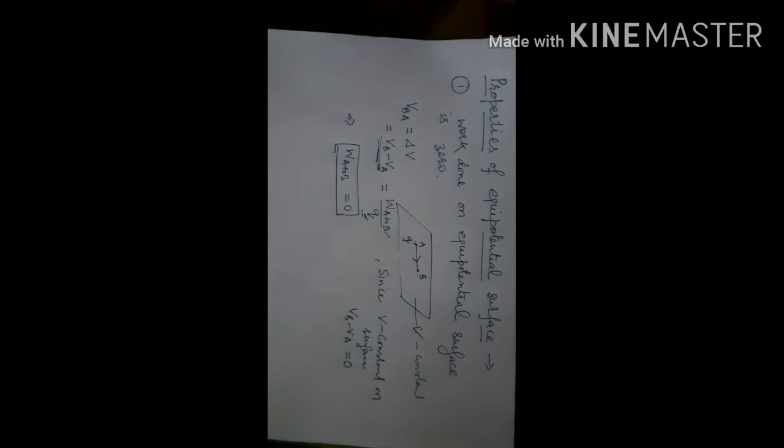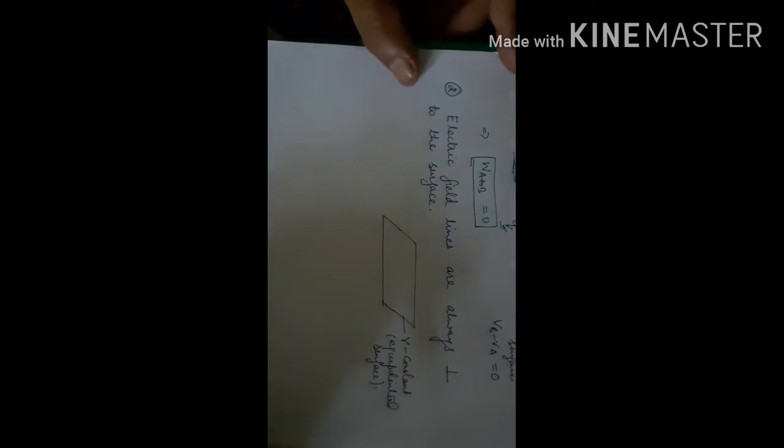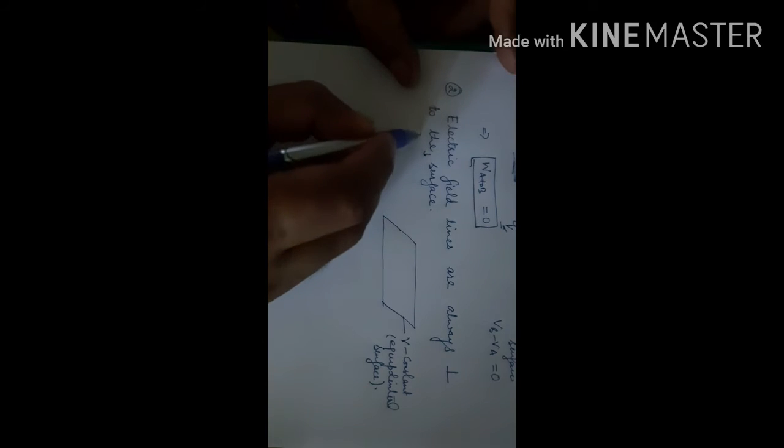Now let us discuss the second property. The electric field lines are always perpendicular to the equipotential surface. Electric field lines are always perpendicular to the equipotential surface.